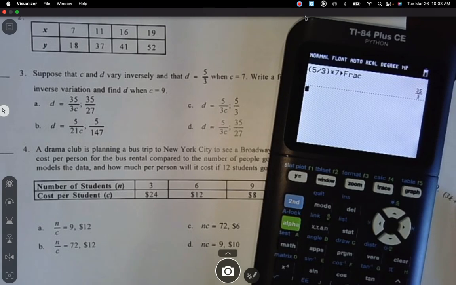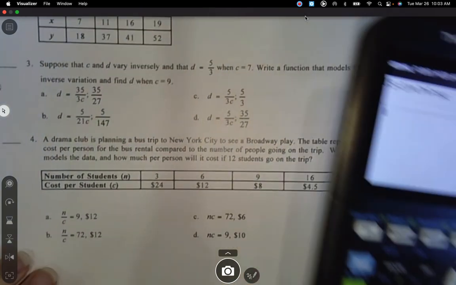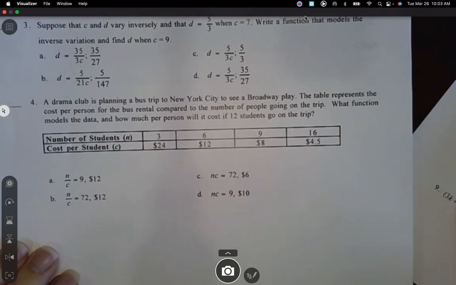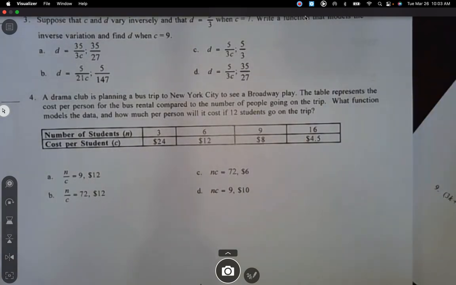Okay, then we have the drama club. This one's on there. This is your whole first page. So it's 2, 3, 4. Alright, on this one, and it's multiple choice, just like it. Okay, it's got the number of students, cost per student.